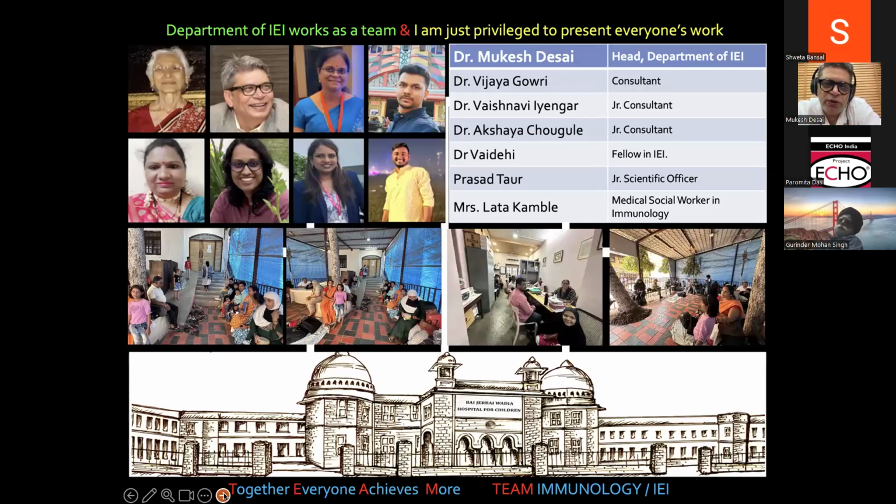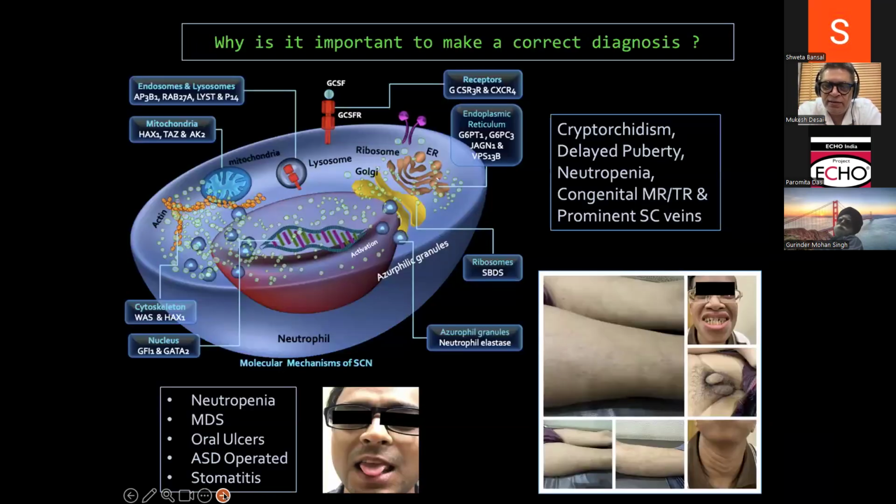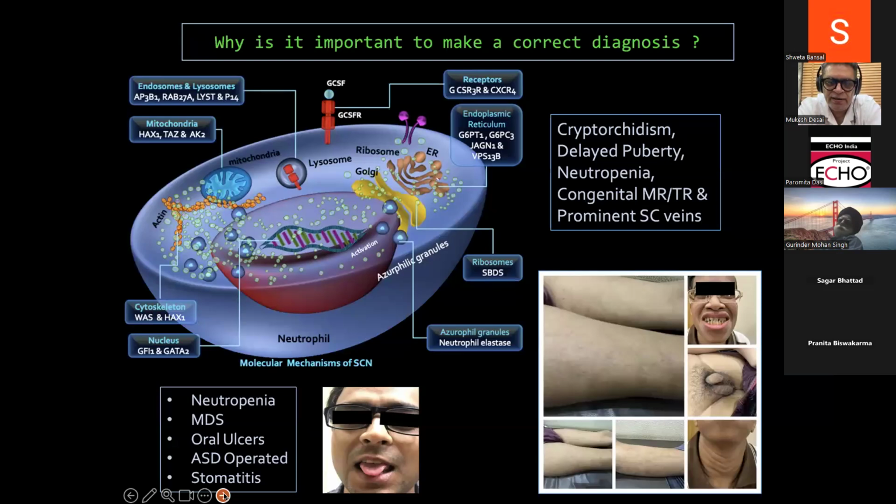Now, we all know it's very important to make a correct diagnosis. I can give you the example of this young doctor, an intensivist, who developed at the age of 23 a neutropenia with an absolute neutrophil count of 150.